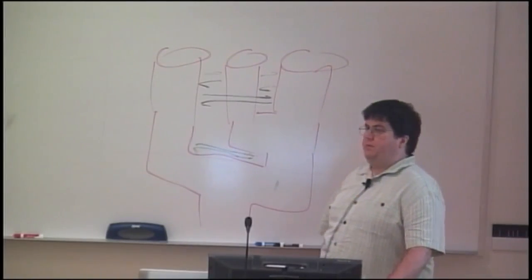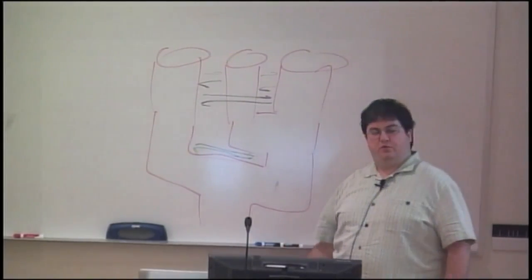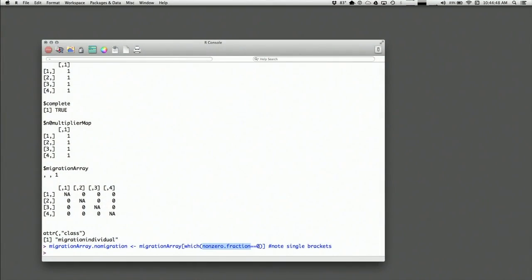Right. But biologically, do you care about those sort of models? Yes. But yes, you care about everything. No. So one discussion we've had among the developer team is whether we should throw this out and say all we care about is contemporary migration. We don't allow migration in the past, which of course makes it simpler.